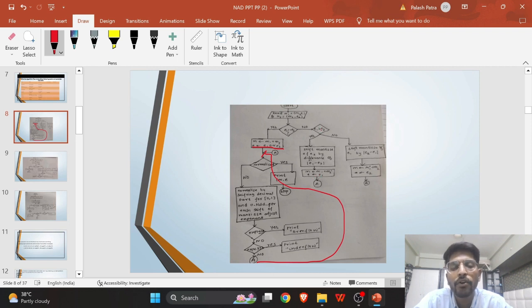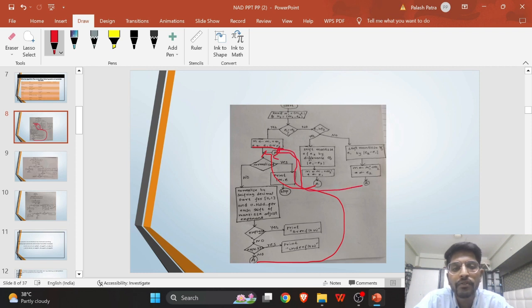And if e1 is not greater than e2, we shift the mantissa of e1 by e2 minus e1, and then the mantissa is added, m1 plus m2, and the exponent part is e2. And afterwards we go over to the A condition, that is over here and then over here.